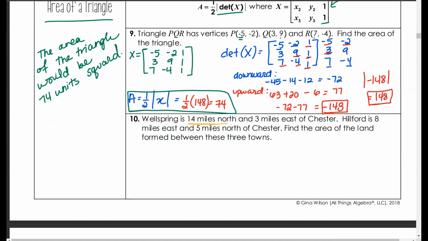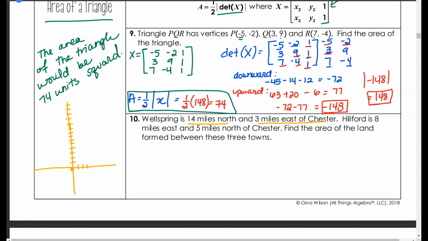Wellspring is 14 miles north and 3 miles east of Chester. So if this is Chester right here, if we want to think of this being on a grid, here's 1, 2, 3, 4, 5, 6, 7, 8, 9, 10, 11, 12, 13, 14. And 3 miles to the east, so here's 1, 2, 3.